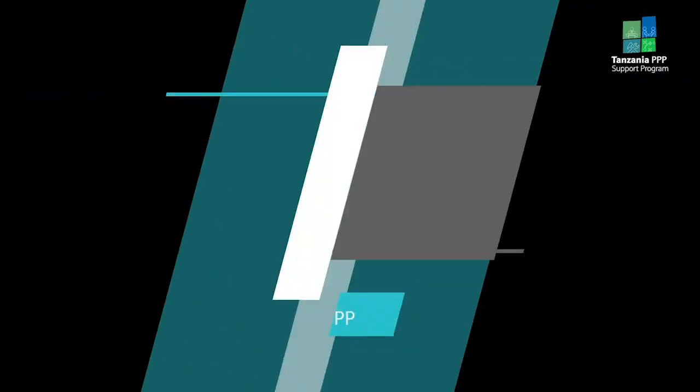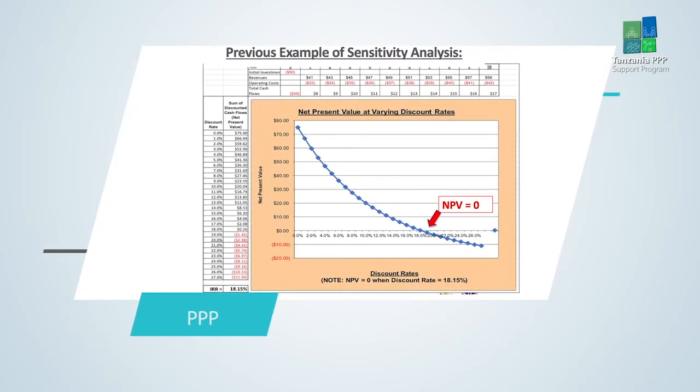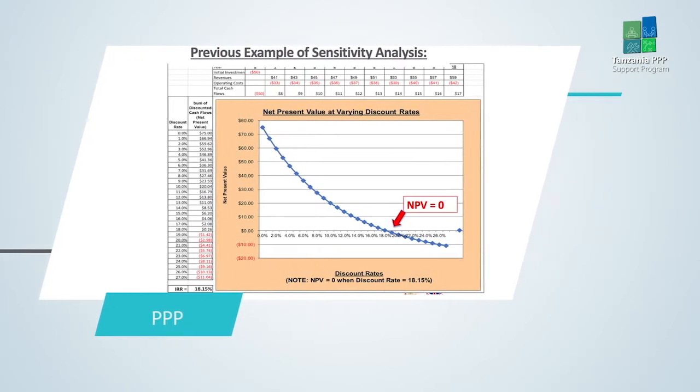Here is a graph of a type of sensitivity analysis. We said here was our urban transit project. It required a $50 million investment. We said here are the cash flows for each year. And then we calculated the net present value at different discount rates.